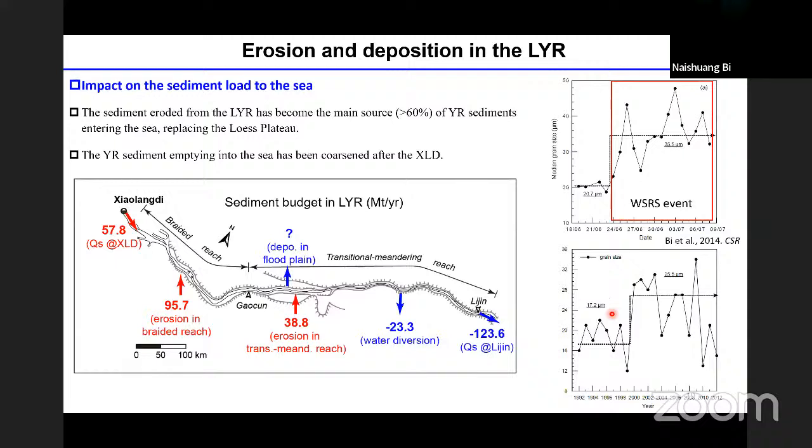So how do the erosion and the deposition in the lower reaches affect the sediment load to the sea? We established this simple model to assess the sediment budget in the lower Yellow River.